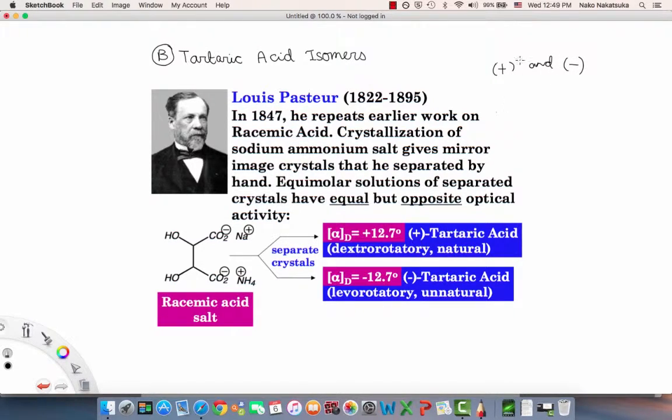And so the plus and minus tartaric acids are actually mirror images of one another. And what was really interesting was that they're equal but opposite optical activity.